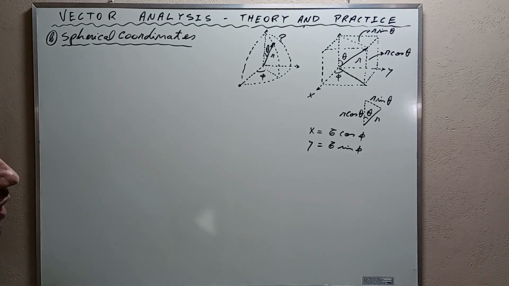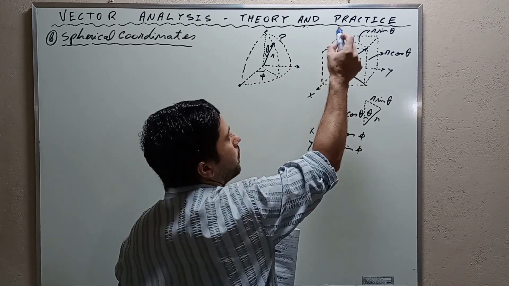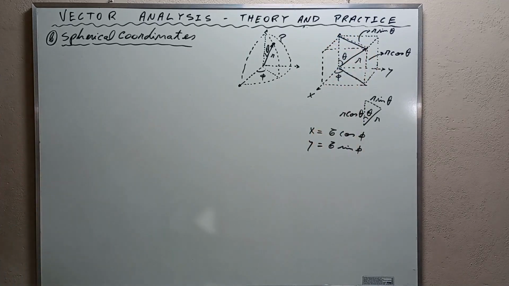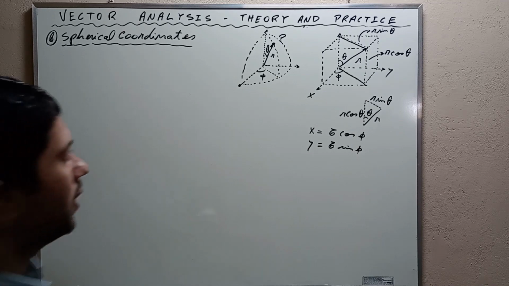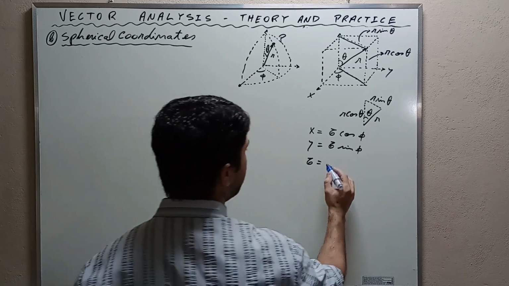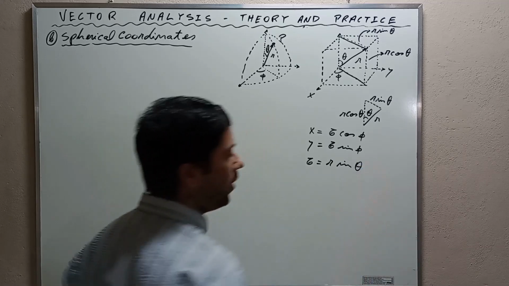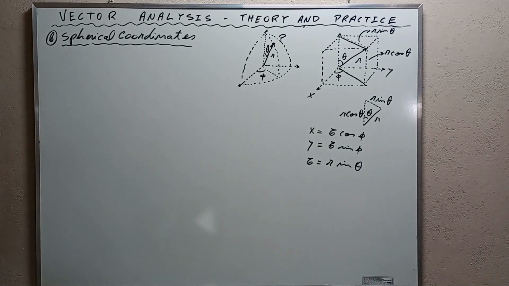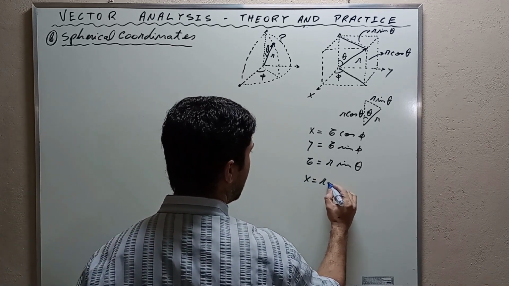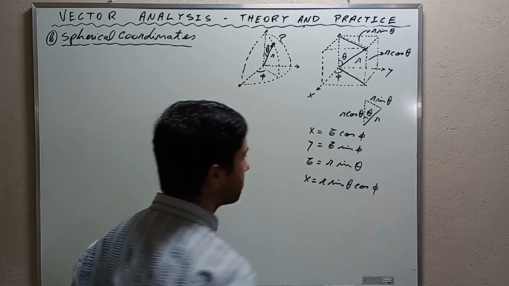Okay? But we have just seen that the projection, which is also up there, tau, can be written as r times the sine of theta, okay? And in this way, x will be expressed as r times the sine of theta times the cosine of phi.